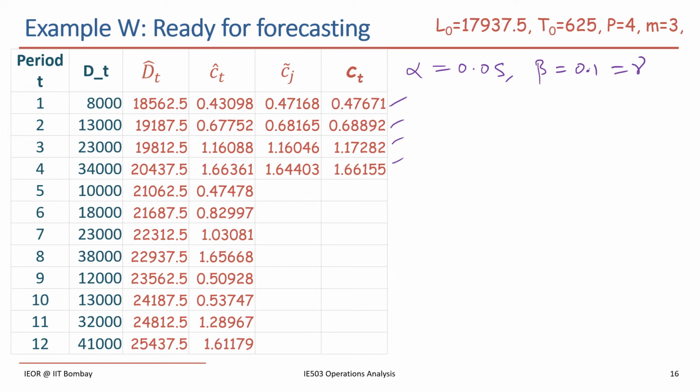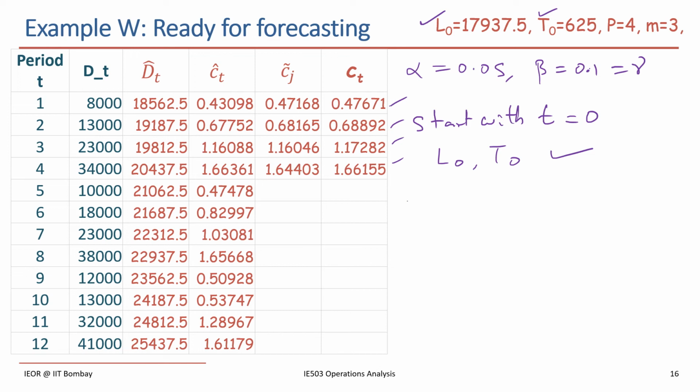Let us start with t equal to 0. At t equal to 0, we need L0 and T0, both are available right here at the top. Now I can actually do the forecasting.